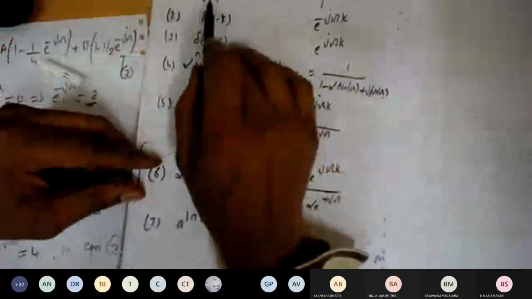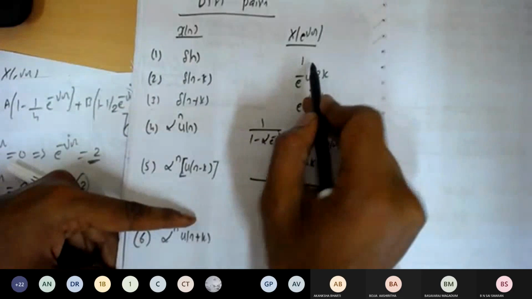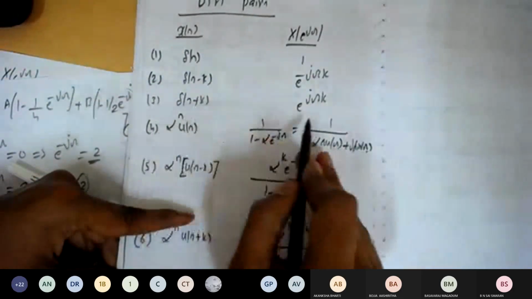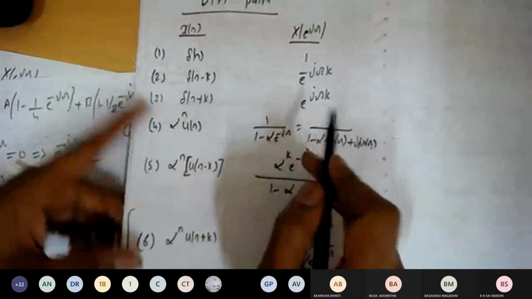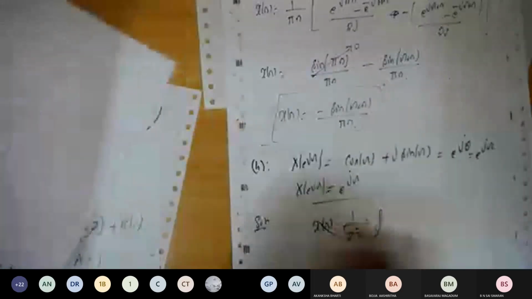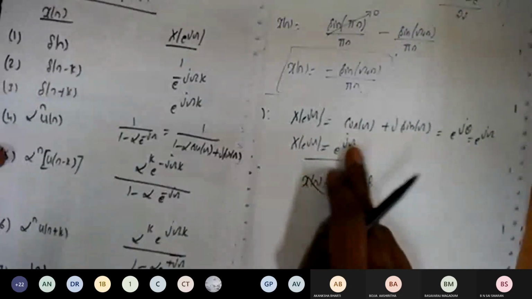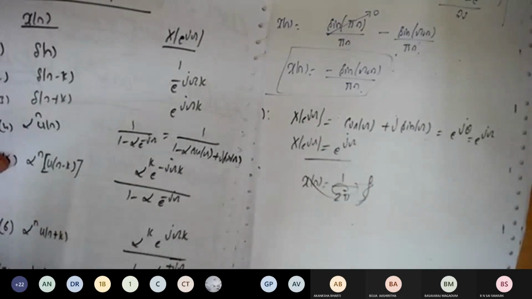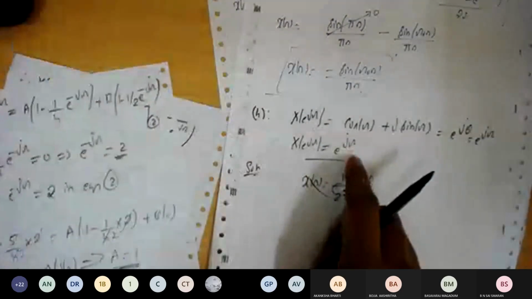The DTFT of delta of n is nothing but 1, delta of n minus k is e to the power of minus j omega k, and delta of n plus k is e to the power of j omega k. Based on this, let us find the inverse DTFT of this term. Since e to the power of j omega is there, applying the time shift property, we can write delta of n plus 1 directly.